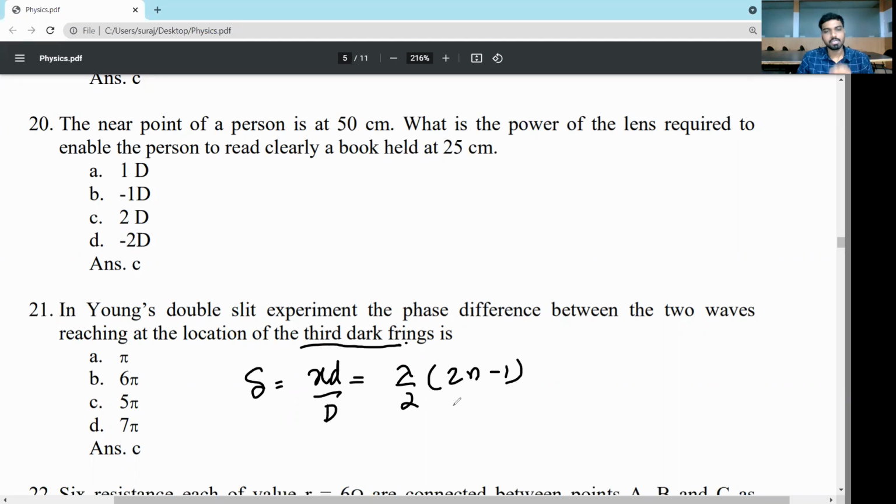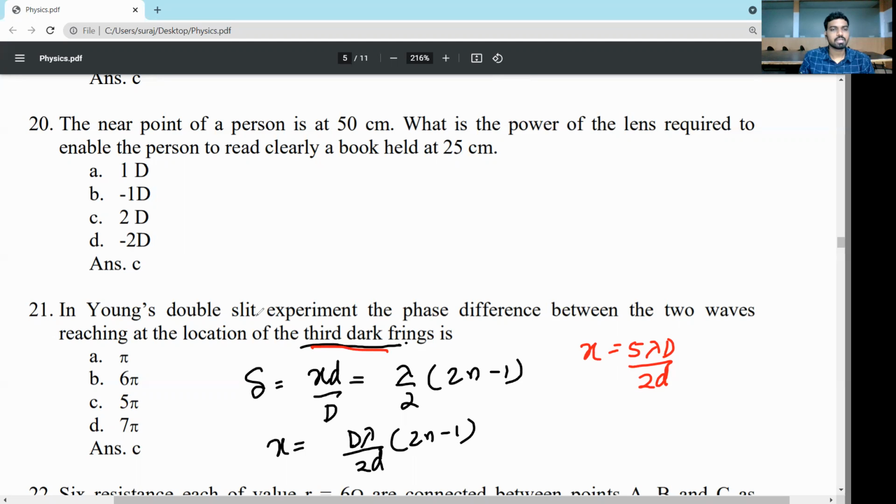This is the path difference. X I can find as x equal to D lambda by 2d into 2n minus 1. Now n is what? Third fringe, no? Third dark fringe, 6 minus 1, 5. X equal to 5 lambda D by 2d.